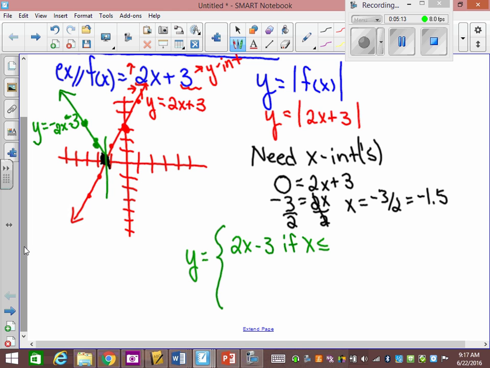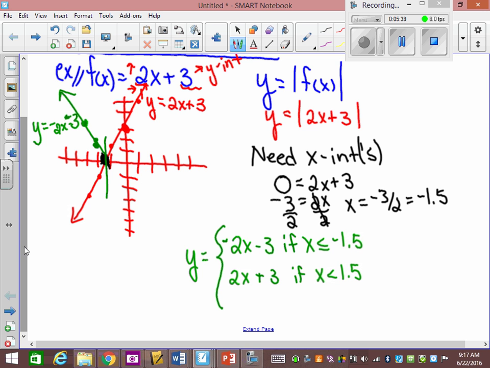Negative 1.5. Then on the right of negative 1.5, I follow the original equation, 2x plus 3. And you have your pieces.